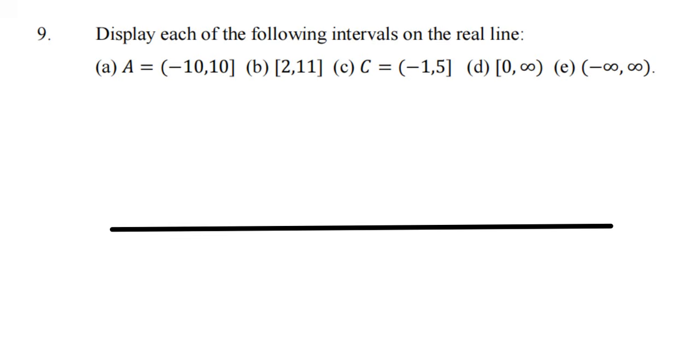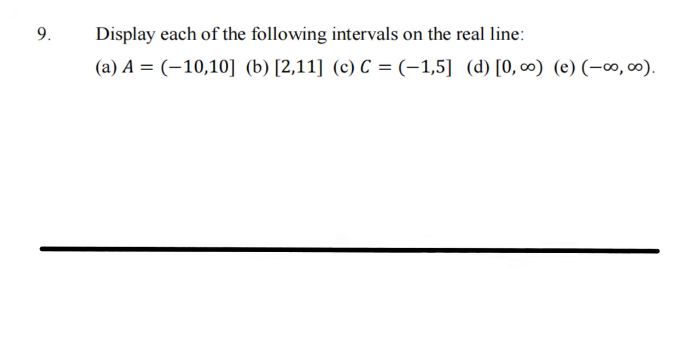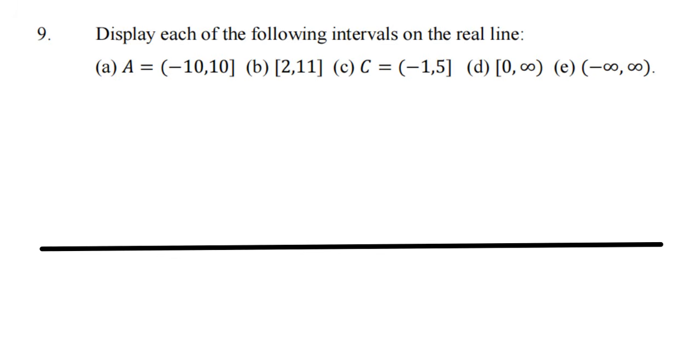Let me just write all of the numbers, and we're just going to be using the same number line. Okay, let's say that is our number line. We have negative 10. The lowest that we have is negative infinity. Let me start with the negatives.